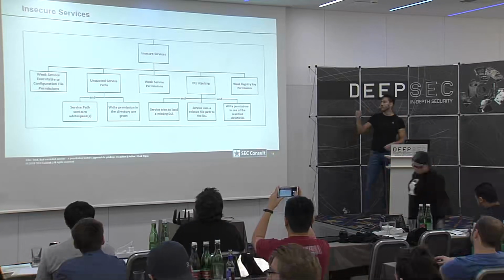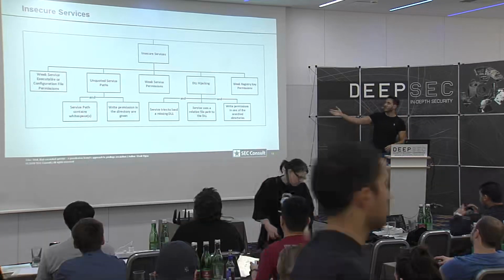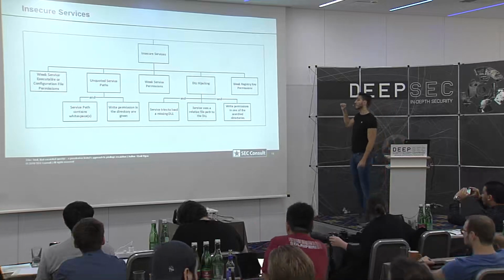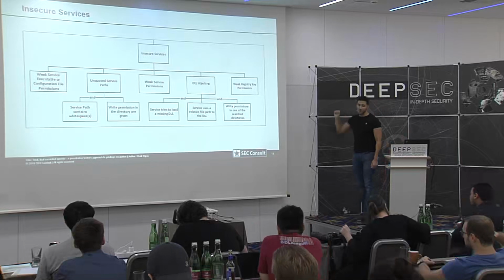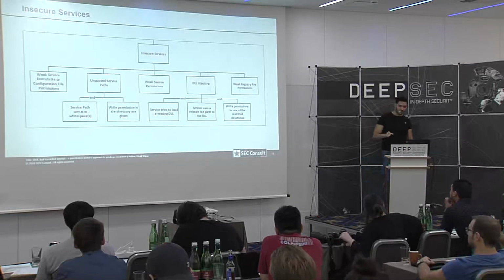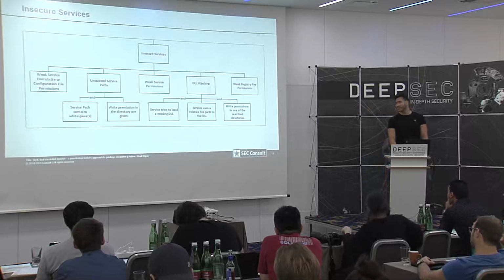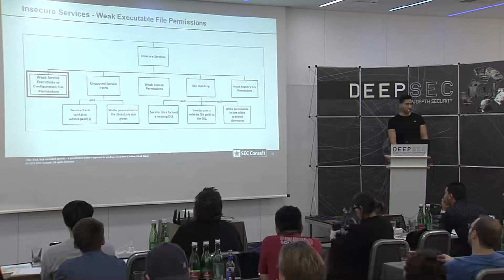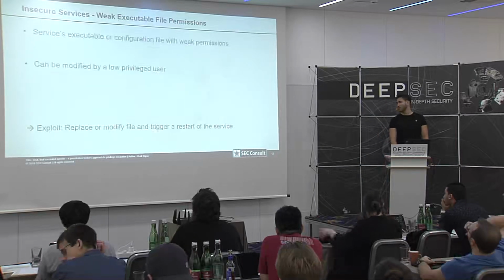Here you can see 5 different attacks. Some attacks need further requirements, like the unquoted service path or DLL hijacking, which we will get to know shortly. So let's take some examples. Weak service executable or configuration file permission: low-hanging fruit.